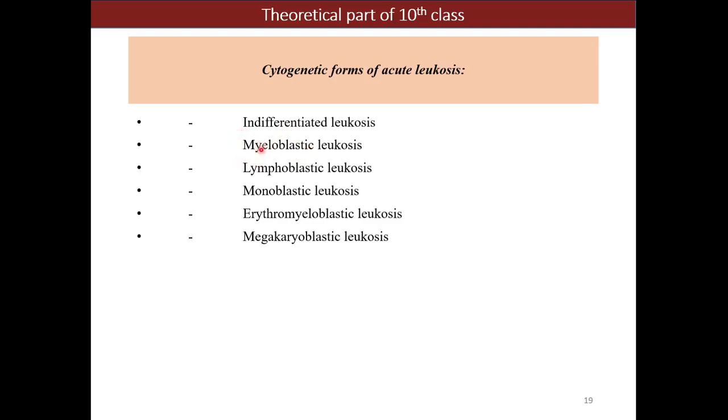It doesn't matter what the first part of the name is. And the undifferentiated form of leukosis is also acute. It is necessary to remember this for your clinical practice. But if you will be a hematologist, you will differentiate all of these cells, but it is a really difficult specialization.